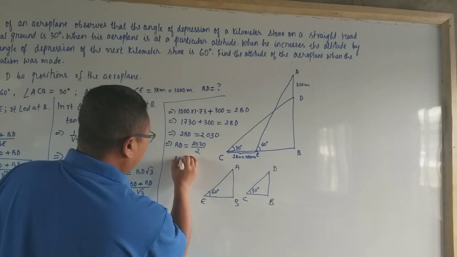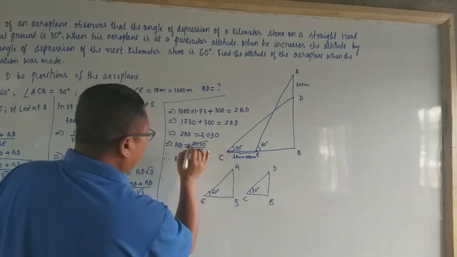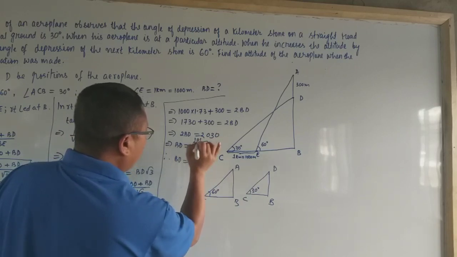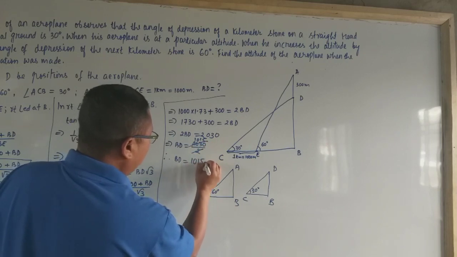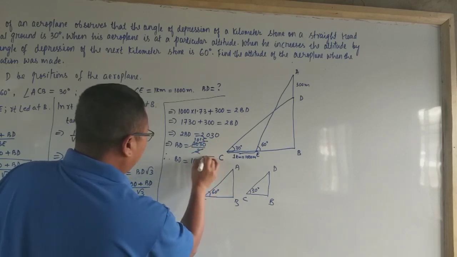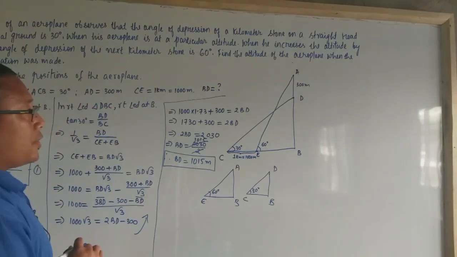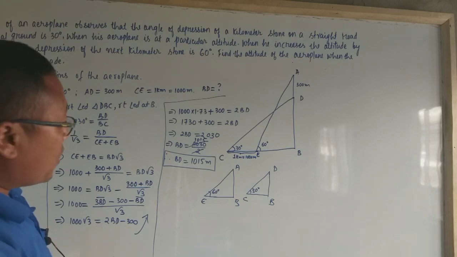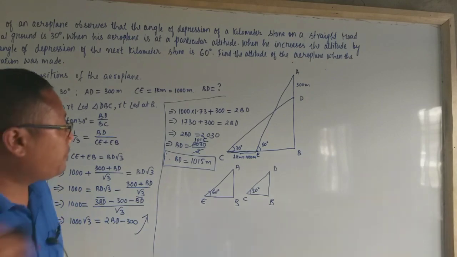So therefore BD equal to 1015 meters. So this is the answer, the height of the aeroplane in the first instance, or when the first observation was made. So you write the conclusion.